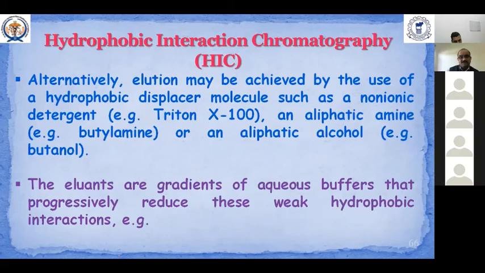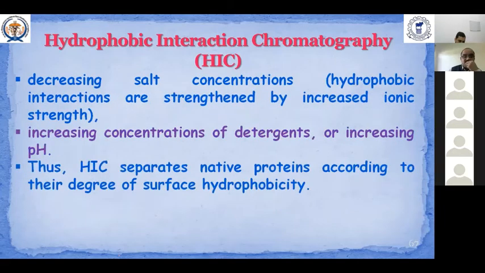It's the same as I told. See, the elution during hydrophobic interaction is achieved by the use of hydrophobic displacer molecules such as the non-ionic detergent Triton X-100, aliphatic amines like butylamine, or any aliphatic alcohol. The eluents are a gradient of aqueous buffer, which progressively reduces the weak hydrophobic interaction.